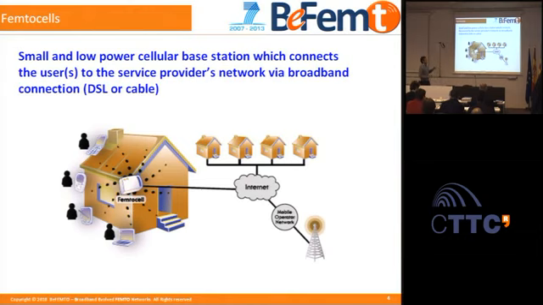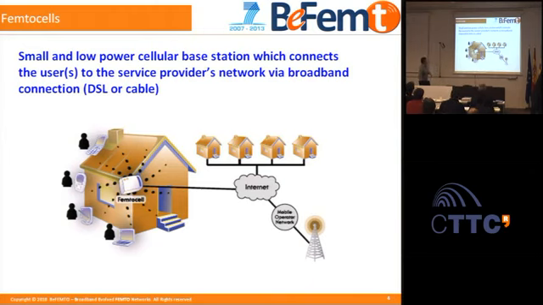In other words, this is a device mainly devoted to indoor environments like residential or even company environments, which is connected to a DSL or cable connection, and that routes all the cellular devices that you can have at home, like the mobile phone, the TV, the laptop, all the devices that you can imagine, routing this traffic through a DSL connection.